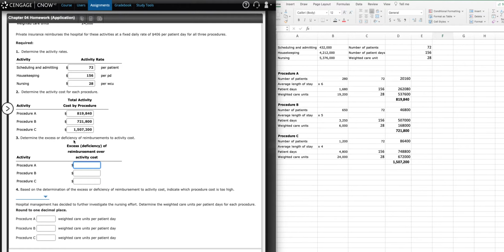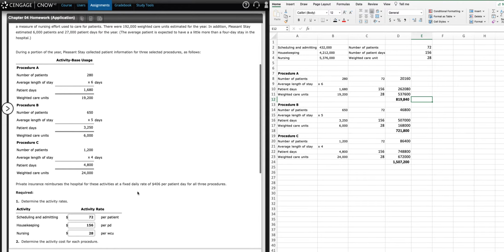Determine the excess or deficiency of reimbursements to activity costs. So the problem told us that the insurance pays at 406 per patient day. So just next to this, I'm going to add reimbursement.